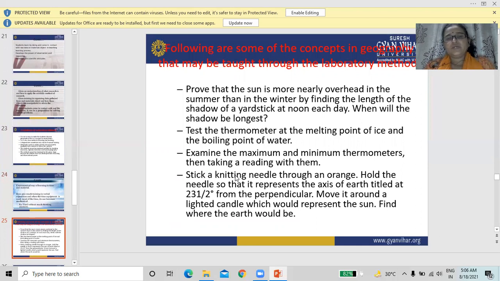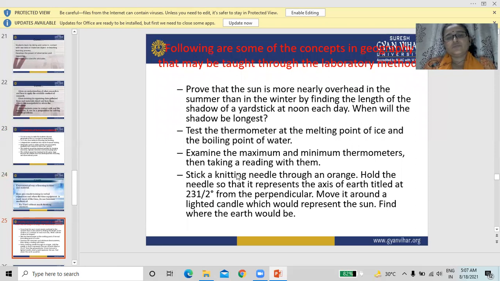Prove that the sun is more nearly overhead in the summer than in the winter by finding the length of the shadow of a yardstick set down at noon each day.